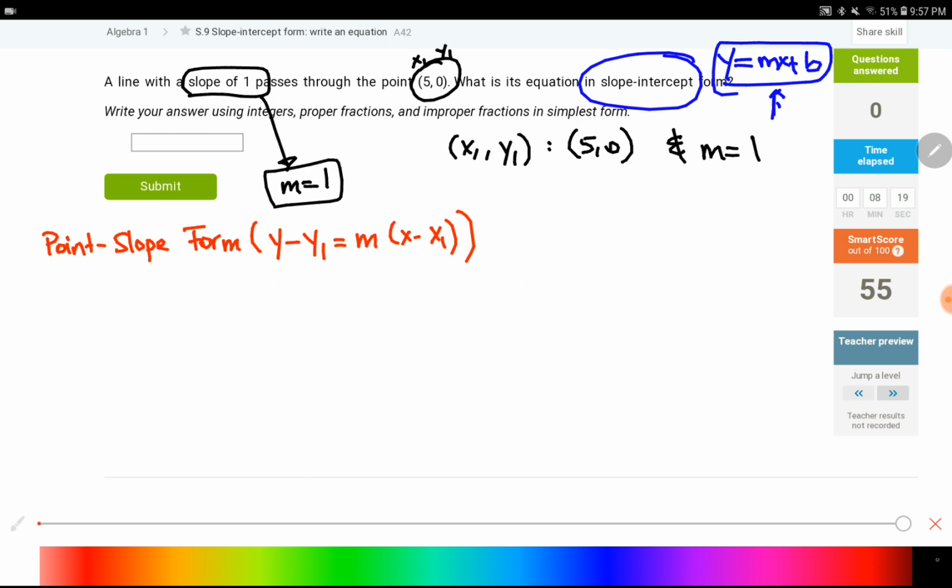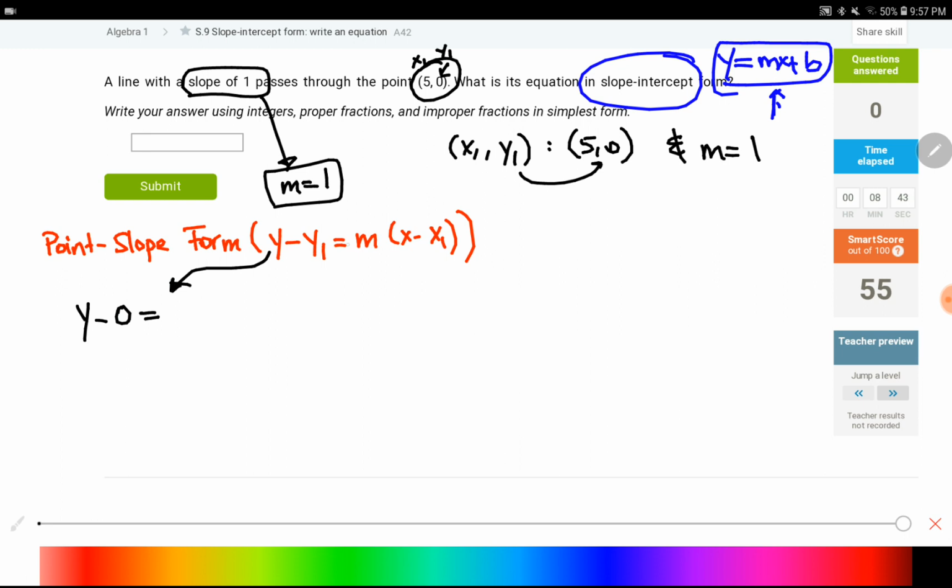So I'm rewriting this red equation over here. So let's start. y minus, it says y1, and there's my y1. It is 0. It's also over here. y minus 0 equals, I don't want to think about what it is right now. I'm just going to continue with the right side and plug in everything I have.